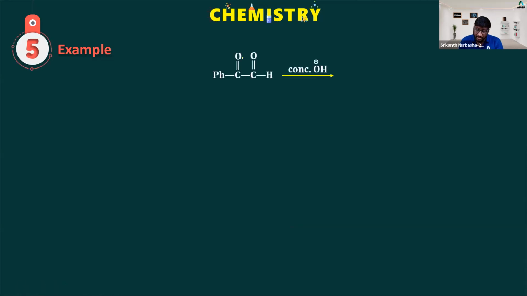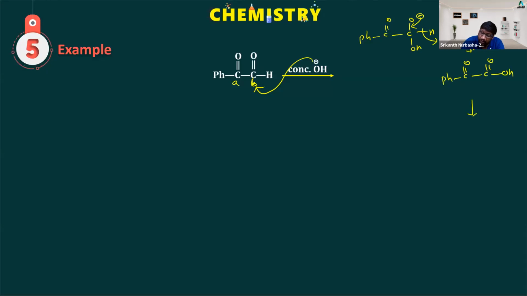Look at this case, Ph C double bond O, C double bond H. Here what is going to happen? OH minus has to attack a particular carbon. Which carbon does the OH minus attack? Among A and B, only the B carbon is going to be attacked, because only after that attack can we get the hydride loss. So we lead to the formation of Ph C double bond O, CO minus, COH. Negative charge on oxygen comes back, and the CH bond leaves. You generate Ph C double bond O, C double bond OH.